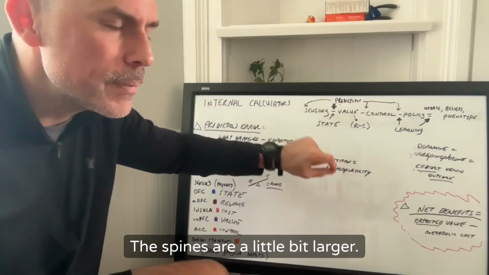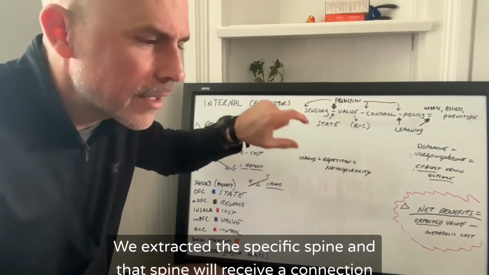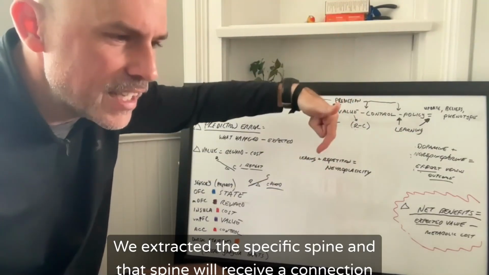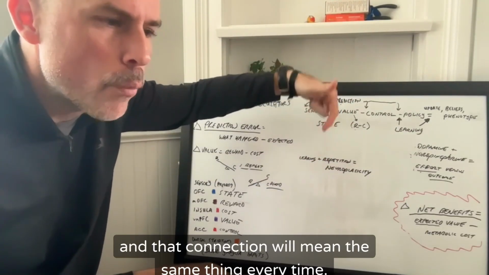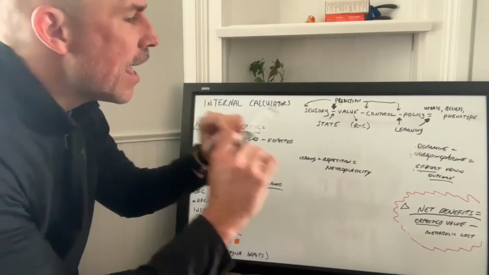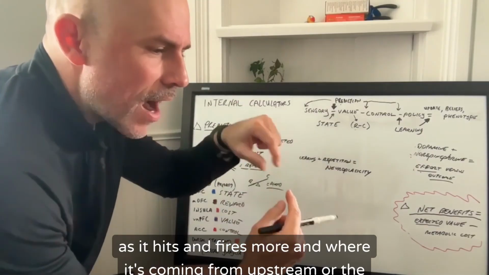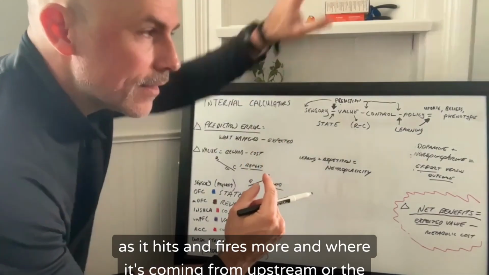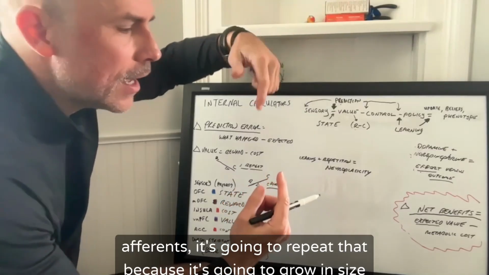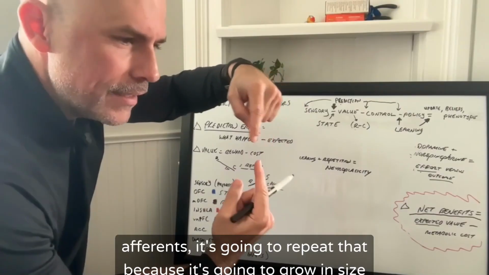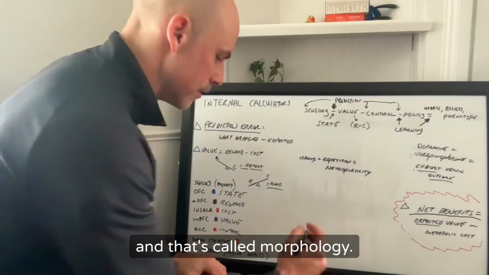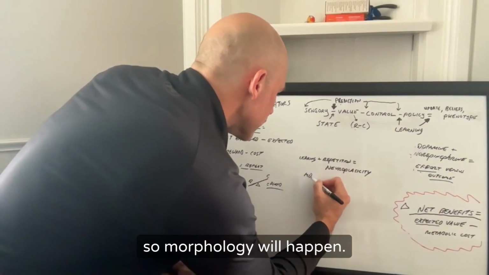The spines are a little bit larger. We extracted a specific spine, and that spine will receive a connection, and that connection will mean the same thing every time. So as it hits and fires more, from where it's coming from upstream, the afferents, it's going to repeat that because it's going to grow in size, and that's called morphology.